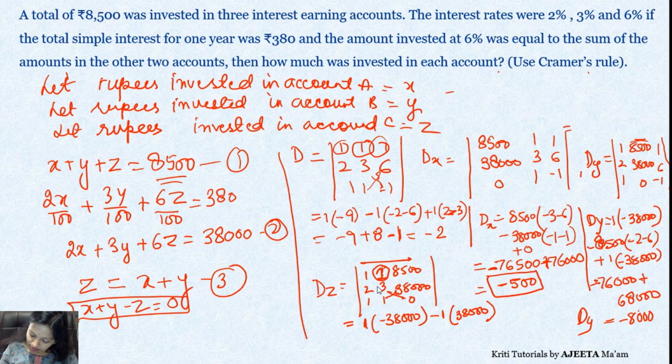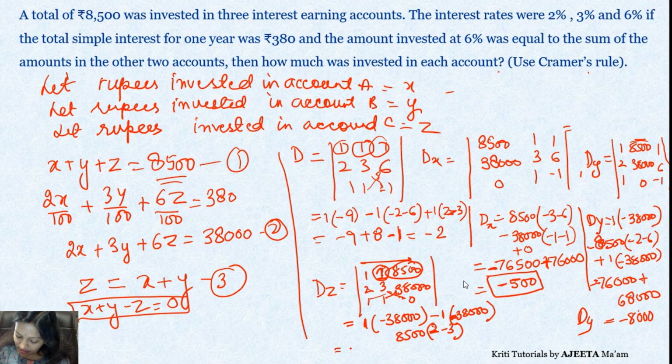Now what will you get here? For 8,500, leave the row and column in which 8,500 is there. So 8,500 into 2 minus 3. So this is what we are getting. Now let's take it out. So we have here minus 38,000, right? Because it was down minus up, so minus will come in.